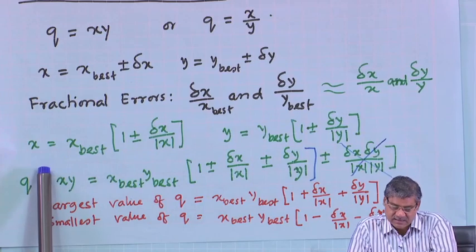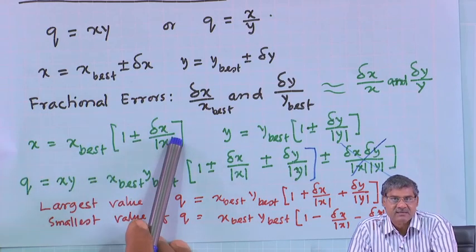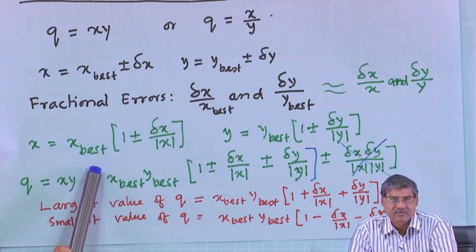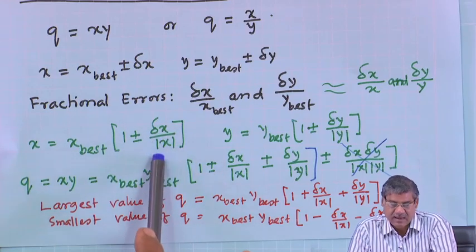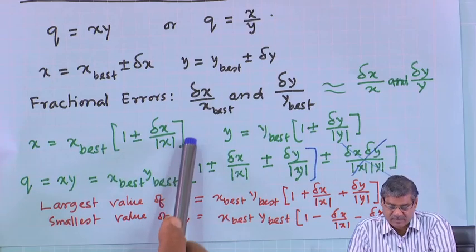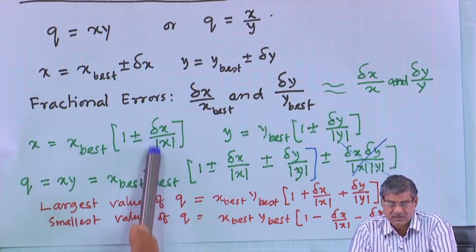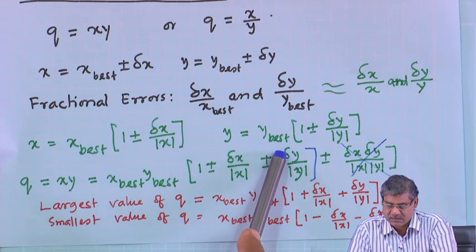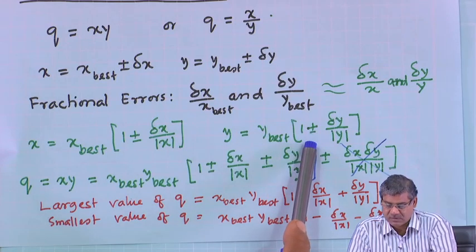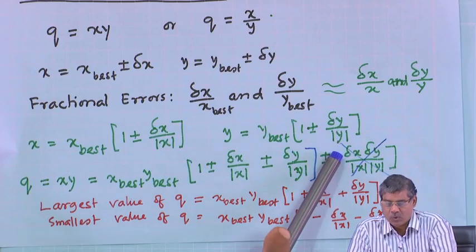Now x equal to x best plus minus delta x. If I take common x best, I can write 1 plus minus delta x by x. I have put this in mod, because whether x is positive or negative, we will take the positive value. Similarly, y equal to y best, if we take common, then 1 plus minus del y by mod y.